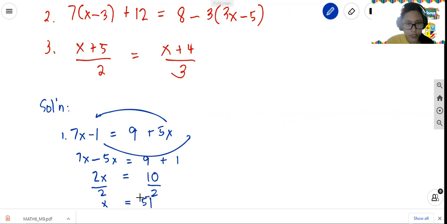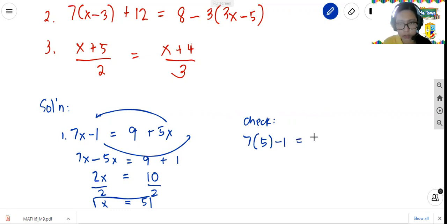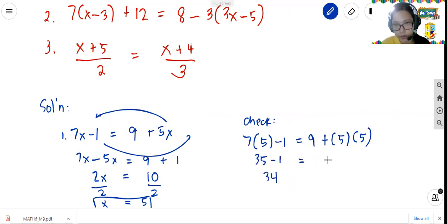Then we have x is equal to 5. So to check that, we will have 7 times 5 minus 1 equals 9 plus 5 times 5. So this 35 minus 1 is 34. 9 plus 25 is equal to 34.